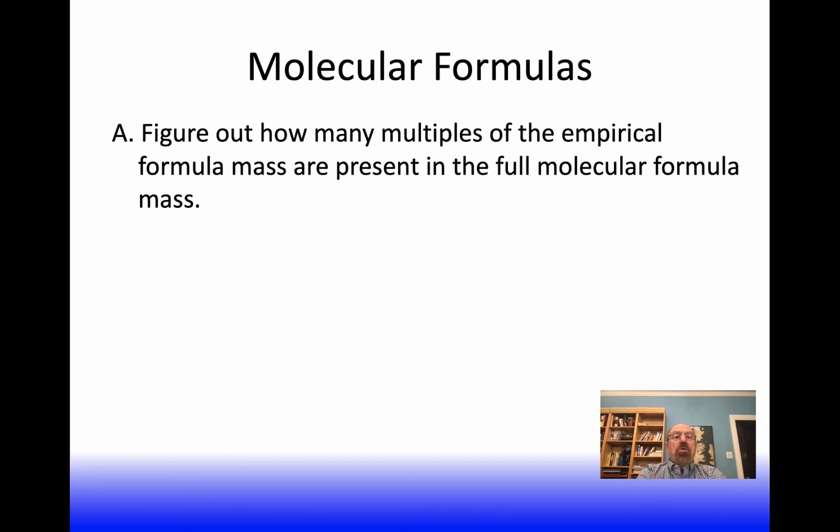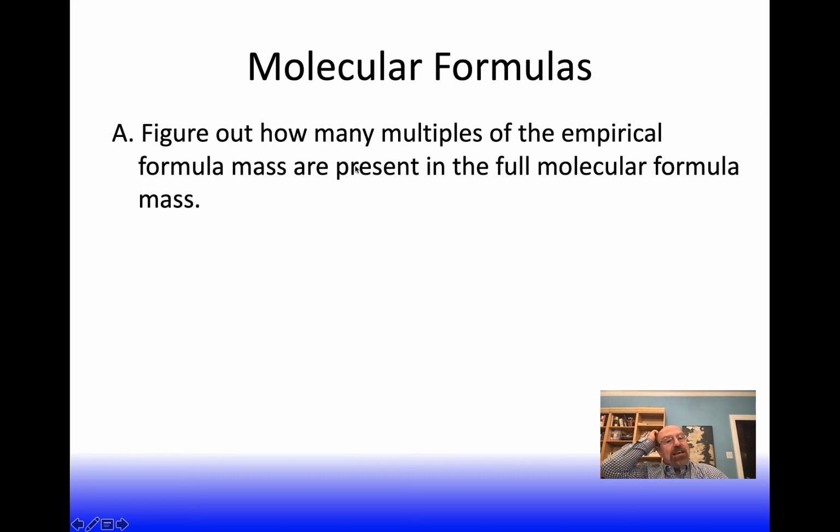Now, this is the hardest part of this. What you have to realize is that the empirical formula has a value factored out. Maybe we factored out a 2. Maybe we factored out a 3 or whatever in order to find that empirical formula. So the way we figure it out is this. We use this extra piece of information, which is the molecular formula mass, which is the same thing as the molar mass.